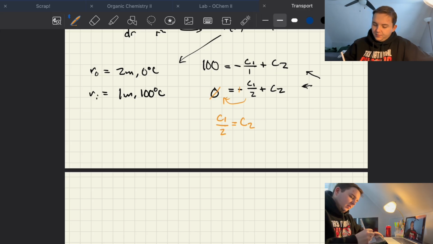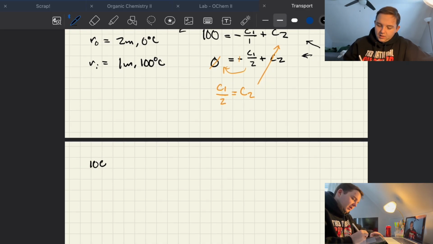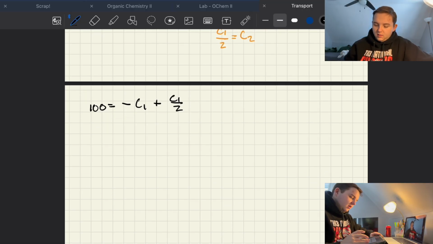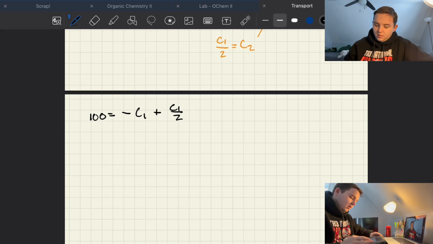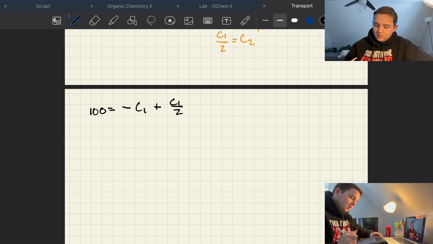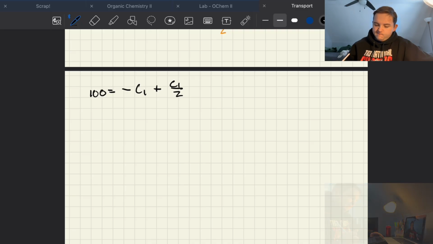Then we can plug this in up here and solve for C1. So we're going to have 100 is equal to negative C1 plus C2, which is C1 over 2. How would we solve this? Multiply by 2, but then we'd be left with 0. Let me check.